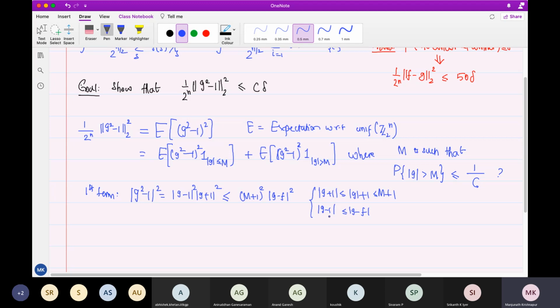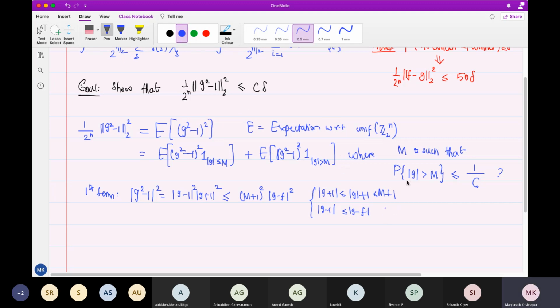Sorry, is this correct or am I making a mistake? Okay. So this is if G is positive. This we do if G is positive. If G is negative, you do it the other way.